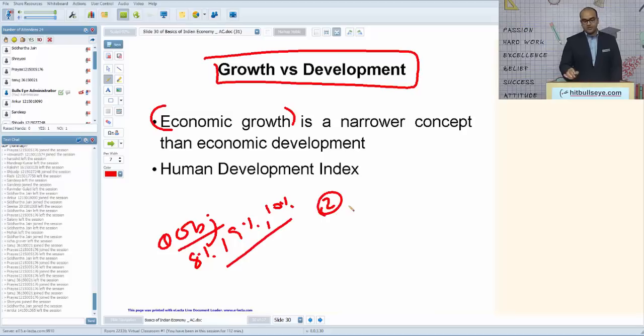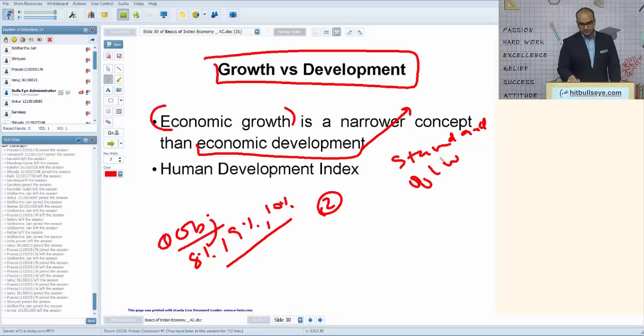However, when you talk about economic development, it is related to standard of living. Standard of living of people, right? So obviously, economic growth is a part of standard of living, so development is a much broader concept when you compare it to economic growth.